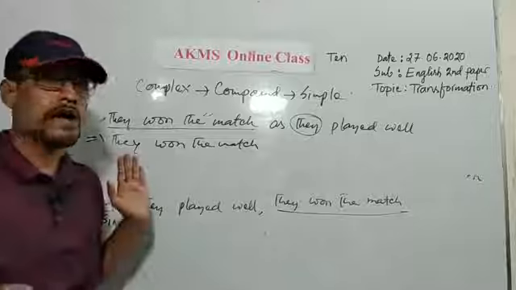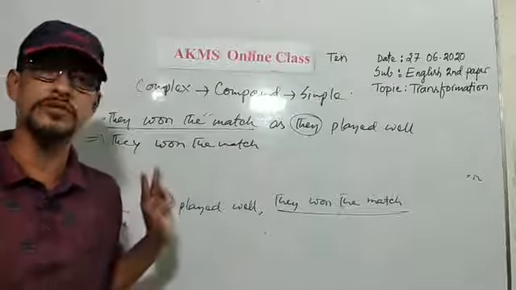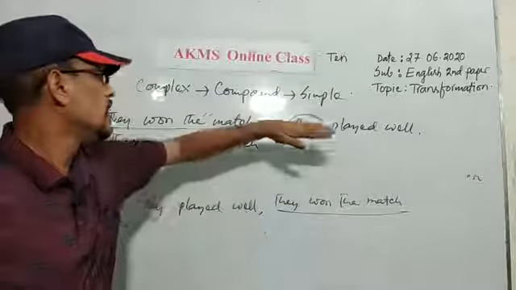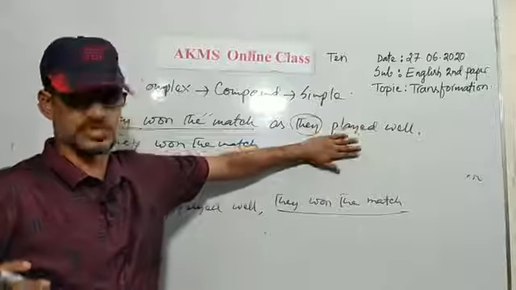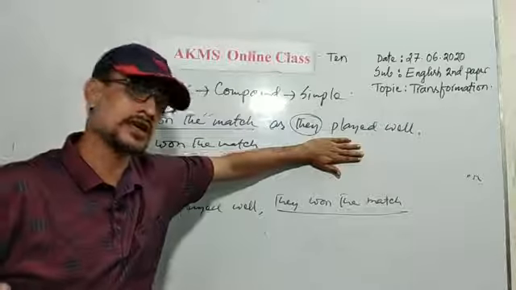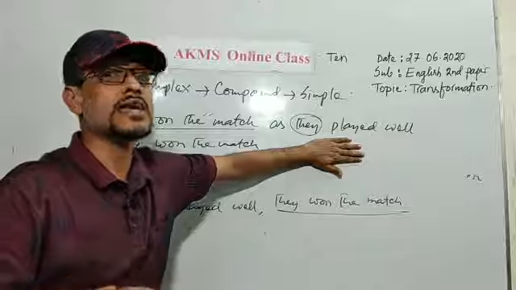But I have no ability to use two clauses in a simple sentence. Then what will be the result of the subordinate clause? How can I use this clause? I should not use this as a clause. I will make it a phrase.